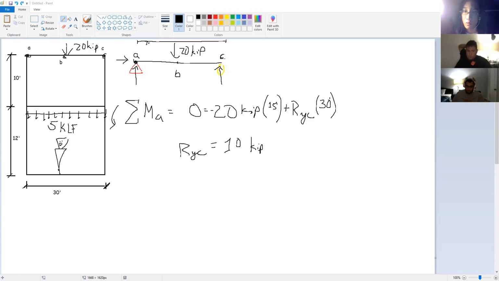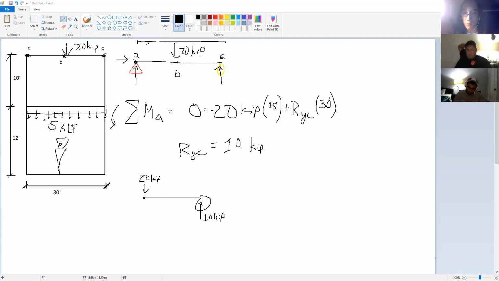Now the pin's gone away. So we're just going to be left with this roller right here, the 20 kip going straight down, and this going up, our 10 kips from RYC.